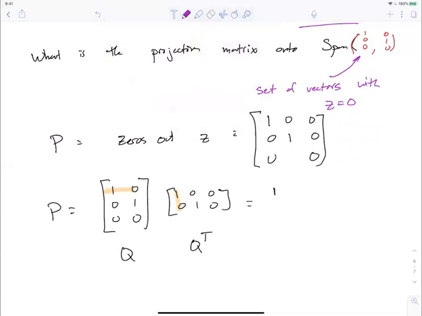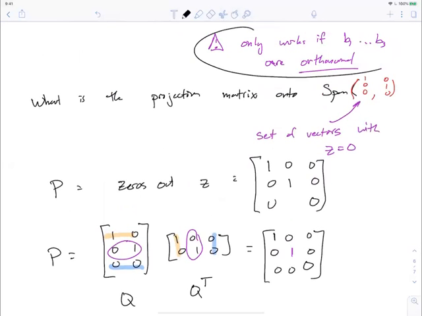And in fact, on all the diagonal ones, we're going to get 1. We can keep doing this, except that last one, we're going to get 0, just like we expect. And now if we do any of the off diagonal ones, we're going to get 0. So our P, in fact, this idea works. And this works for any subspace as long as you have an orthonormal basis.